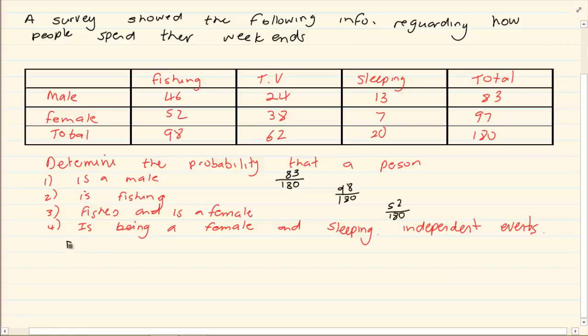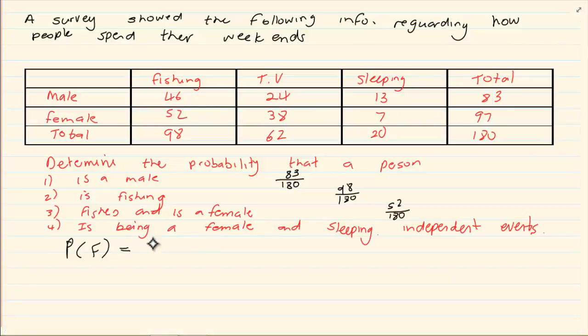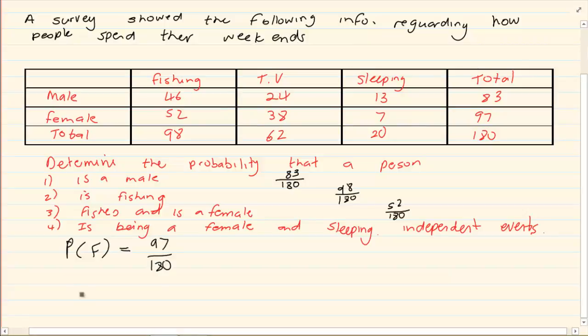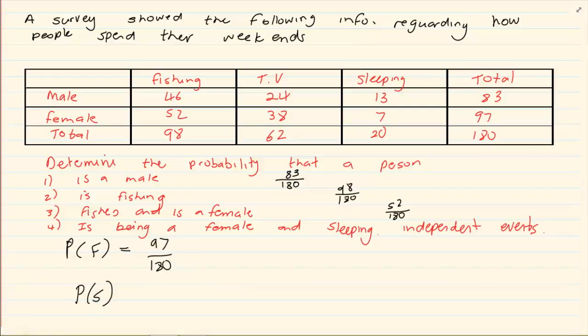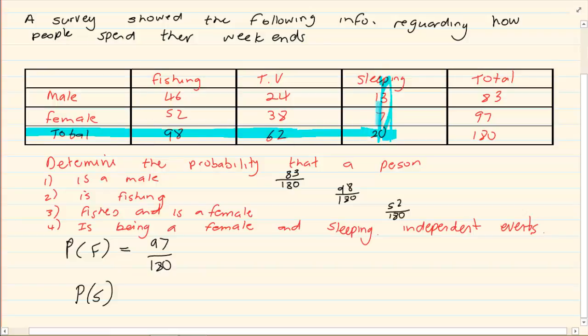First, we need to look at the probability of being a female. If you look, being a female is 97 over the total, which is 180. What is the probability of sleeping? Sleeping, the total for sleeping is 20.